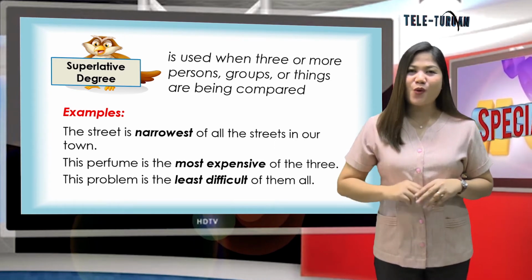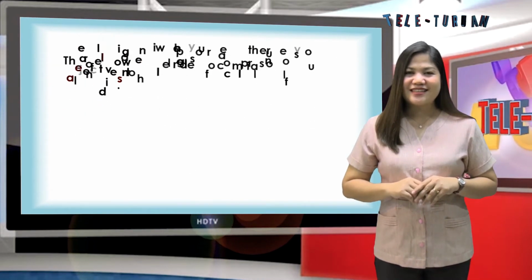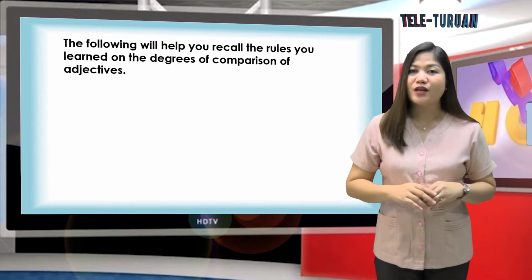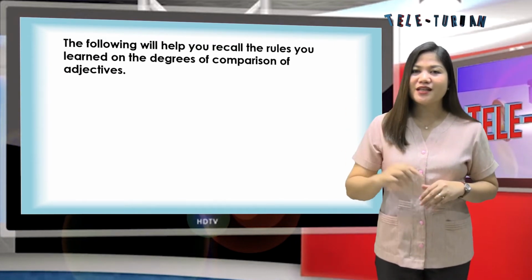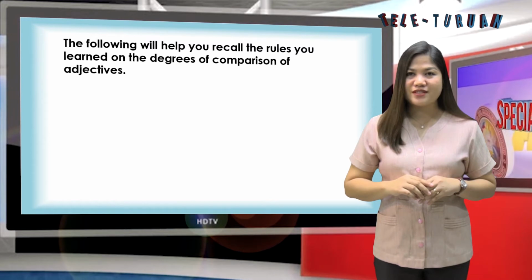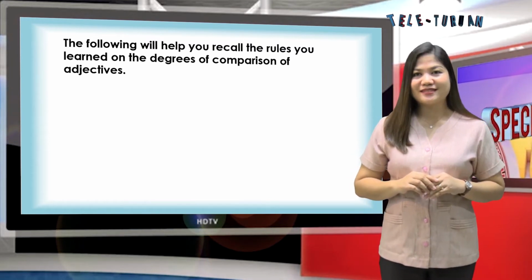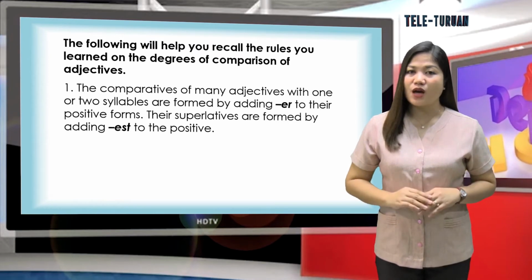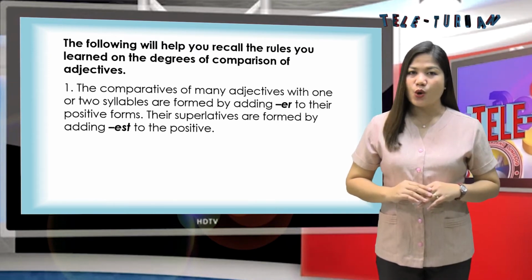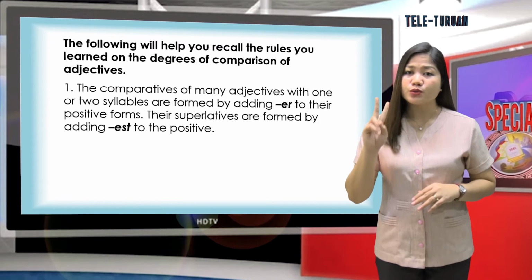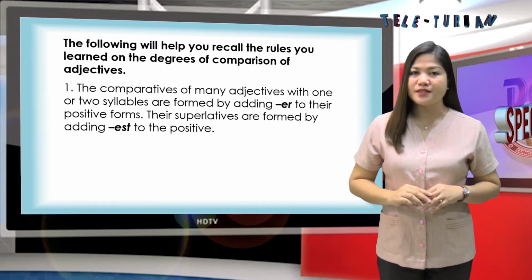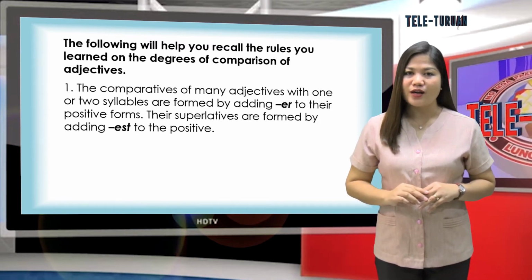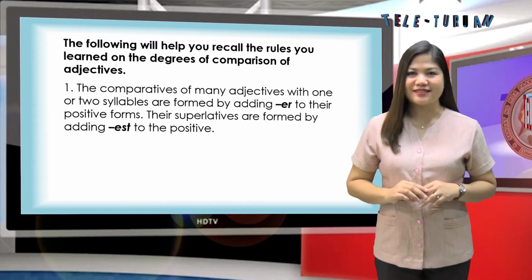To understand more about our lesson, the following will help you recall the rules you learned on the degrees of comparison of adjectives. 1. The comparatives of many adjectives with one or two syllables are formed by adding er to their positive forms.